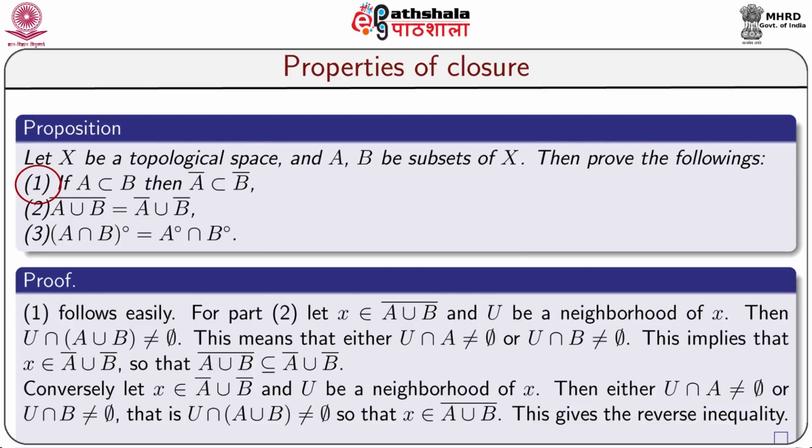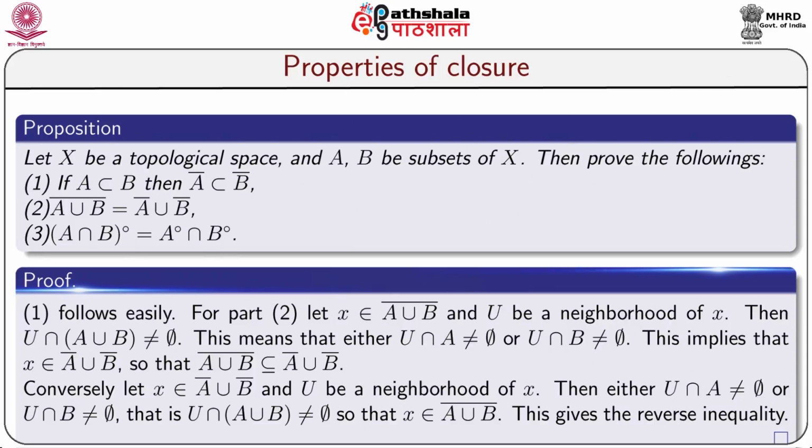Number 1, if A is a subset of B, then A bar will be contained in B bar. Number 2, the closure of A union B will be equal to A bar union B bar. Number 3, the interior of A intersection B will be equal to A interior intersection B interior. The proofs are easy, still we are telling this.